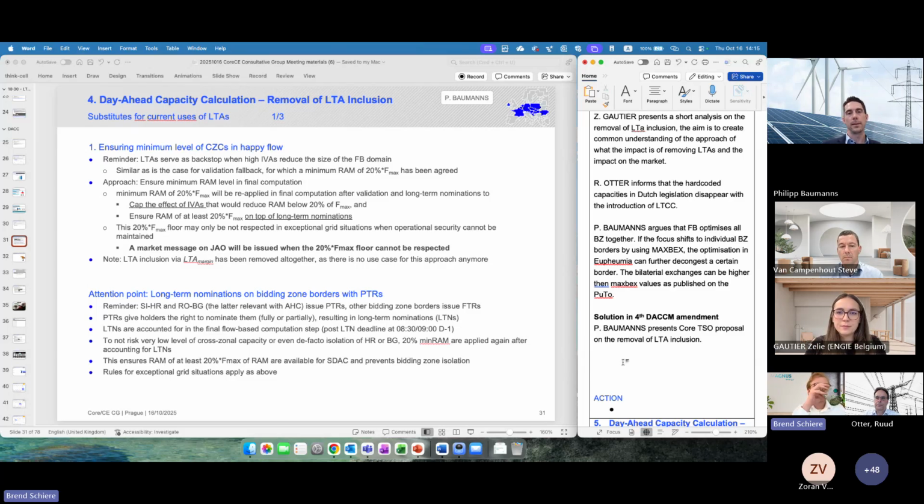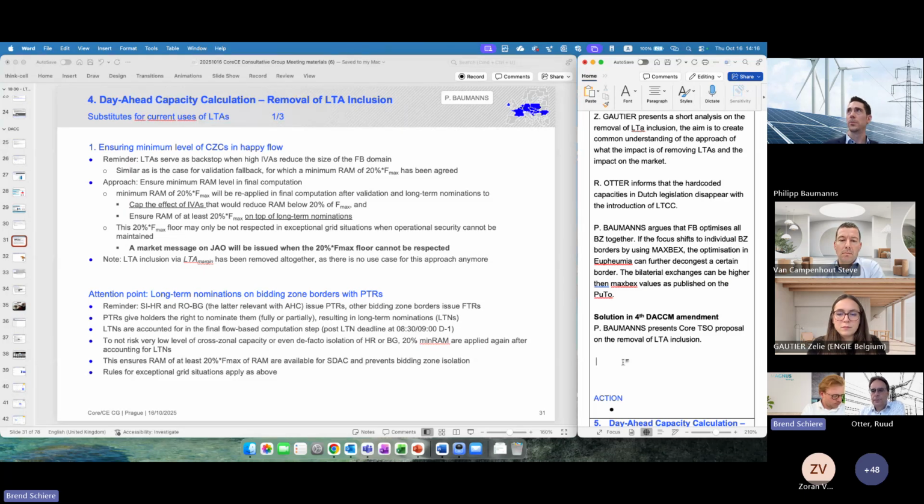The solution we now provide is that once this would happen, a market message would be sent out that this 20% floor cannot be respected, and a specific analysis will be performed on why this was needed, not just hidden somewhere in the quarterly report, but more prominent. On a regular basis, you could expect those 20% to be available for core day ahead.